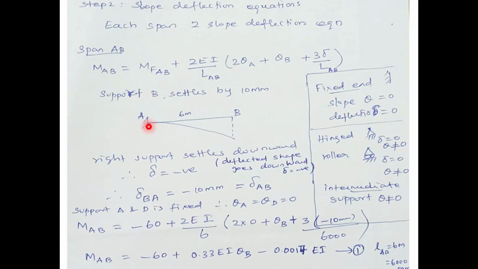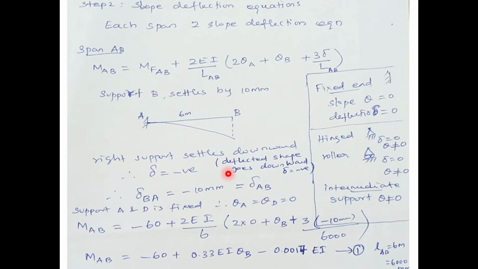So now draw the deflected shape. See the deflected shape from left to right, that means A to B. Your deflected shape goes downward, right? Then your delta value is negative. In other words, the right side end settles down means delta value is negative.